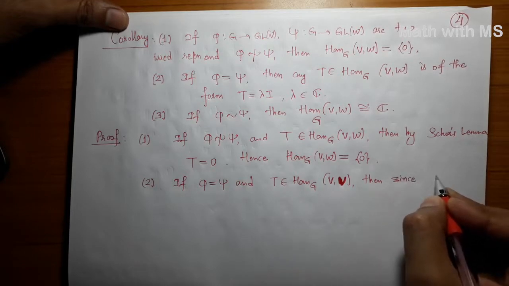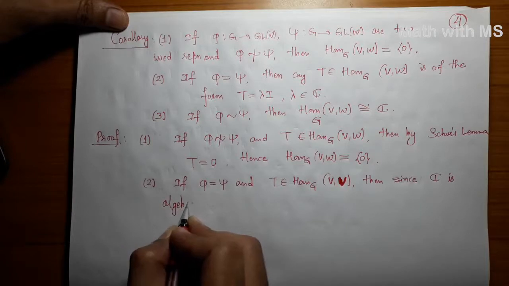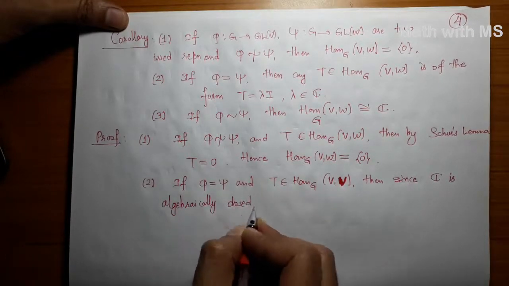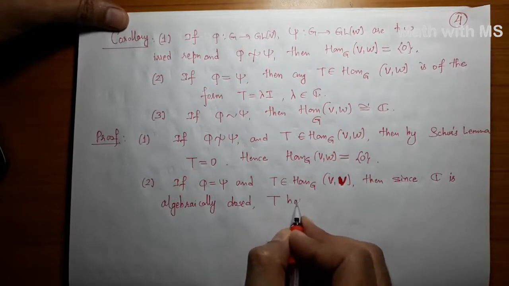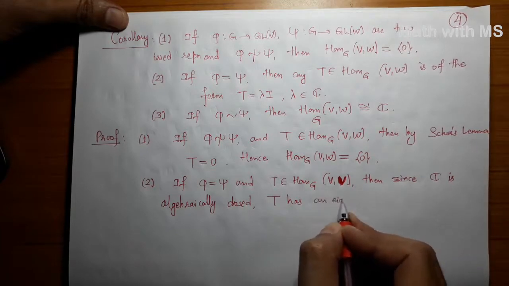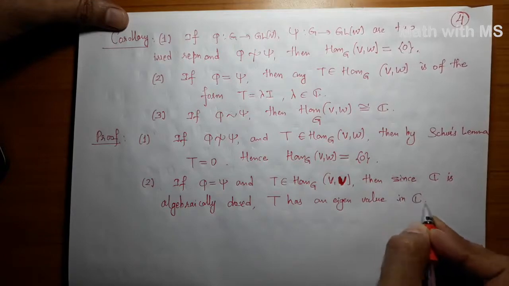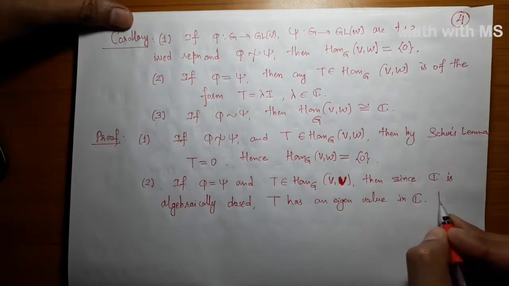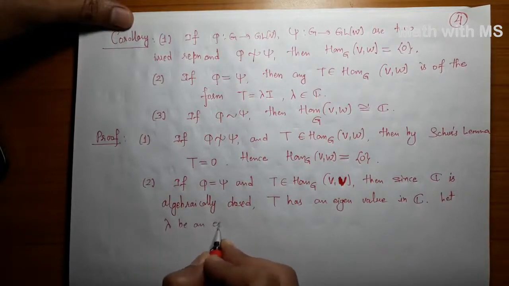Since C is algebraically closed, T has an eigenvalue in C. In fact, all eigenvalues lie in C. Okay, so let lambda be an eigenvalue of T.